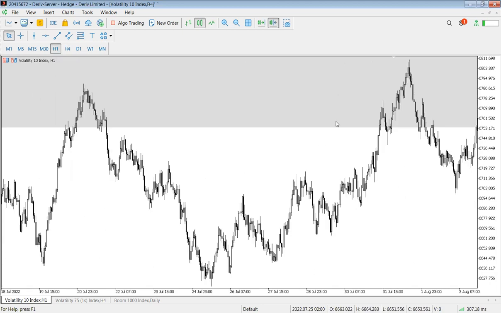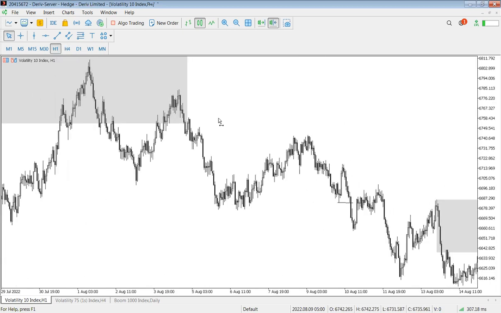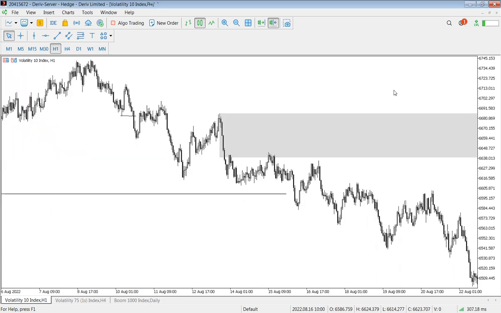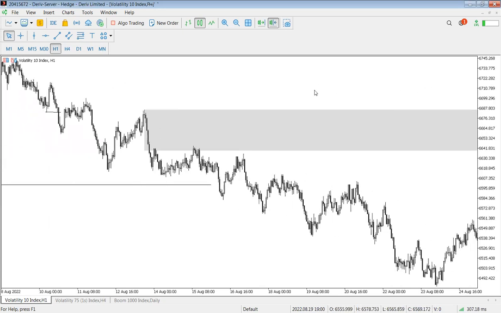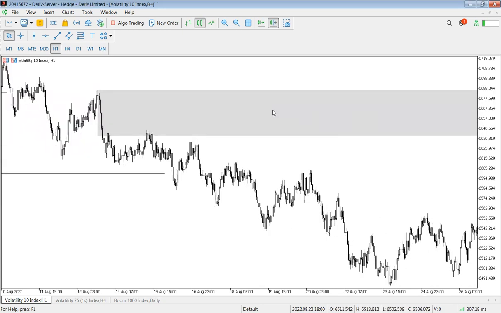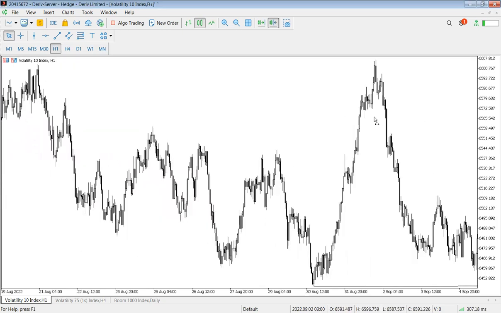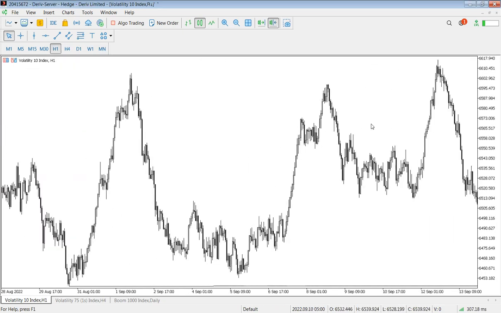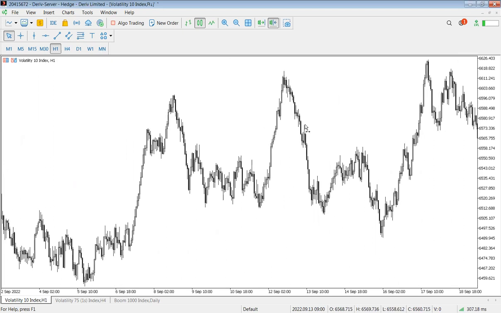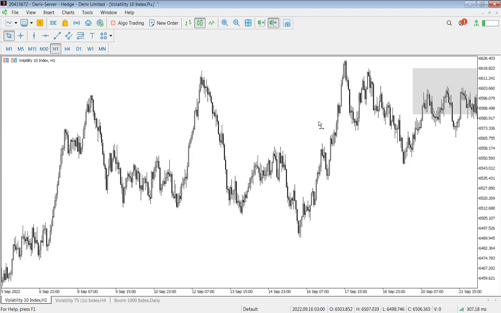That is where I spot entry. Assuming I used H1, a 1 hour time frame, to spot structure, I will use 15-minute time frame for my entry.